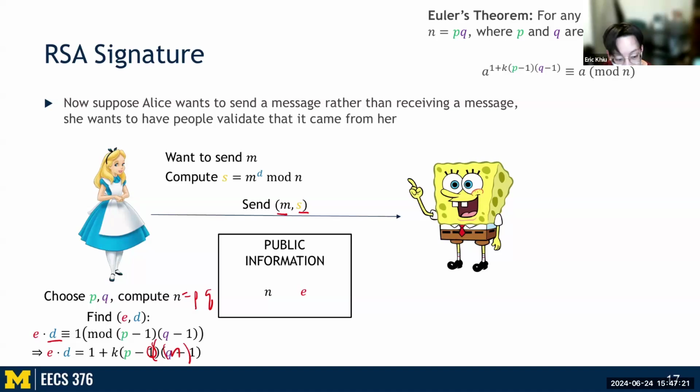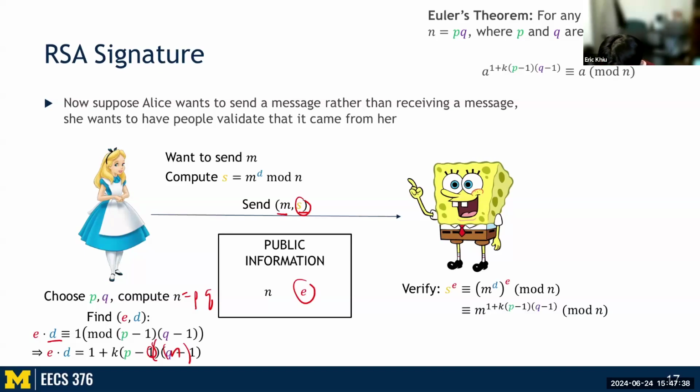And Bob can verify if this message comes from her by raising the signature to the public key e. Okay, and we know that this is M to the d, e. And what Bob should expect to see is that this should be equivalent to M in mod n.